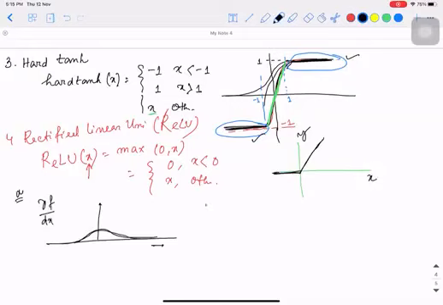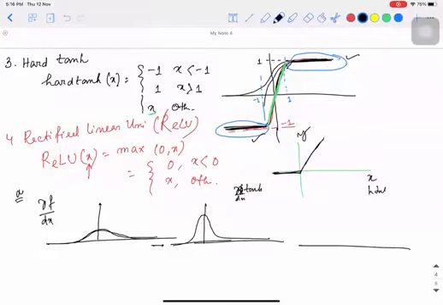And the curve of the derivative of tanh would be something like this. Why is this derivative curve important? Because ultimately when we do back propagation, we need to take the derivative, right? For hard tanh, it would look like this. This is 0. This is 0.